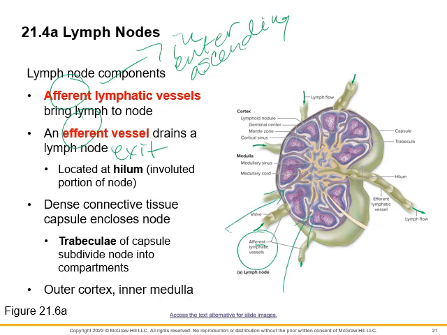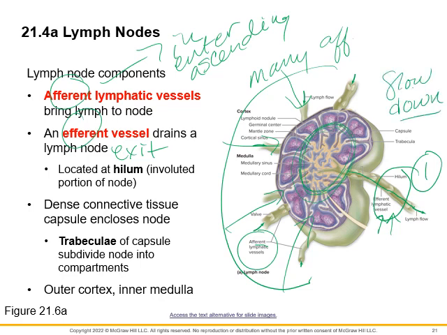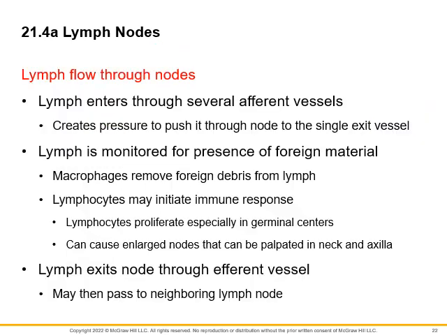So the fluid would be entering here, and that fluid kind of circulates in this lymph node and then comes out the efferent. And you can see there's many entry points, many afferent, but there's only one efferent. So this helps kind of slow down the fluid so that it can be cleaned.